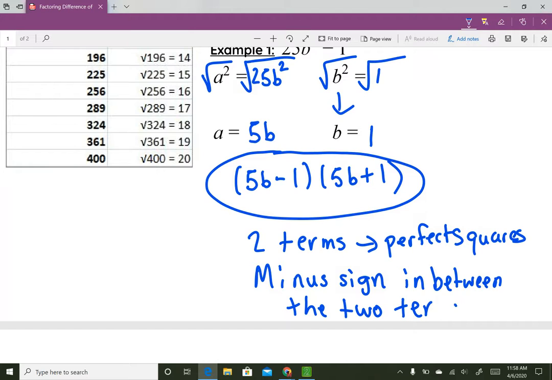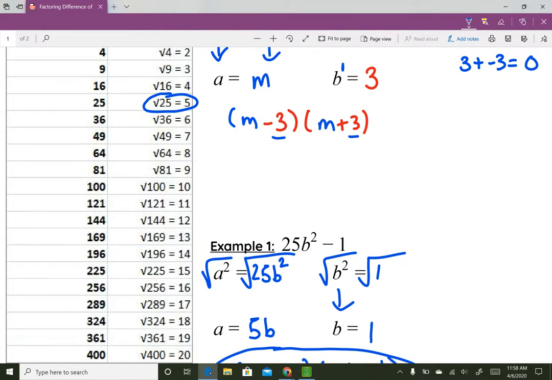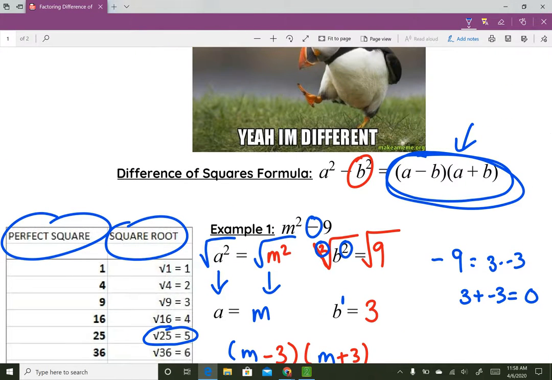That's what we're dealing with here. So 2 terms, both terms are perfect squares, and there's a minus sign in between the 2 terms. Minus sign, 1 term, 2 term.